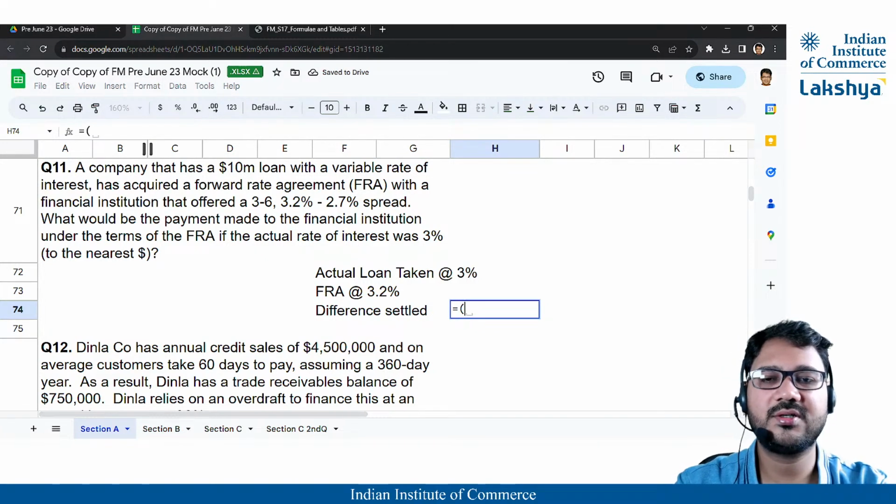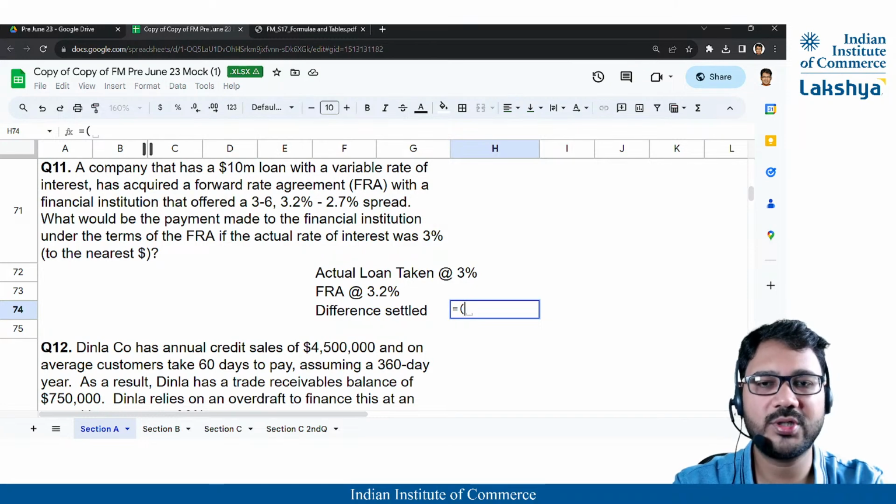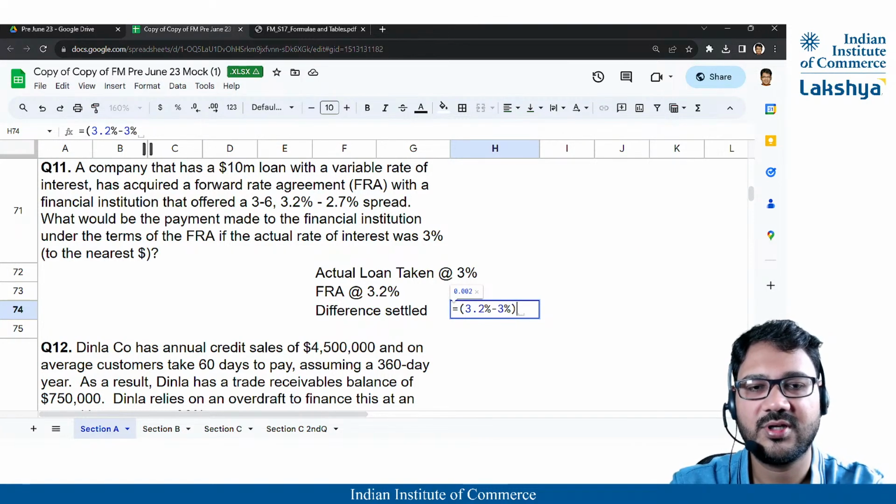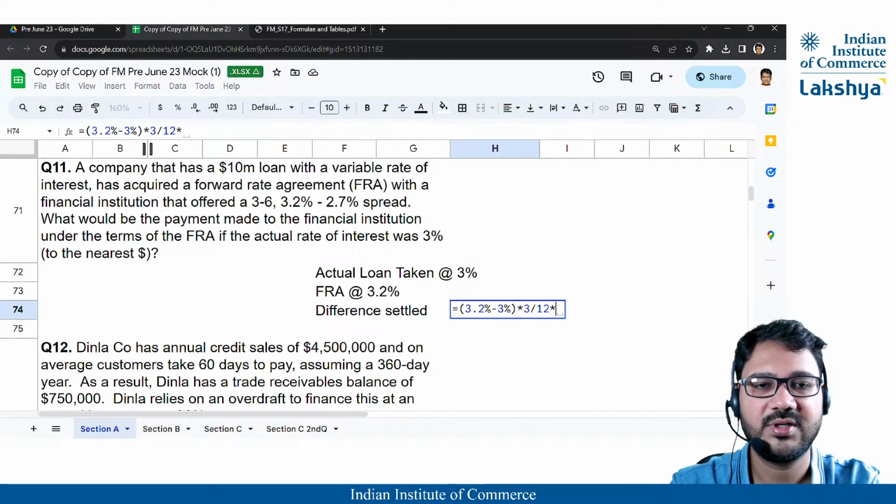Now in the FRA you have to pay more, 3.2%. So 3.2% minus 3%. Now this is for 3 months, so 3 by 12 into a $10 million loan. I'll just write it as 10.